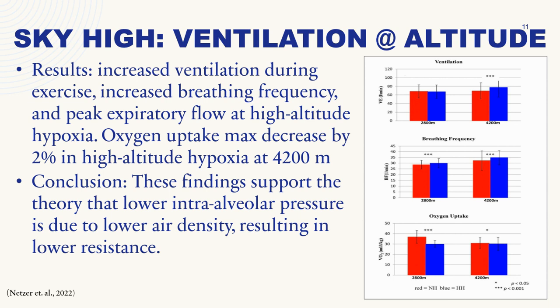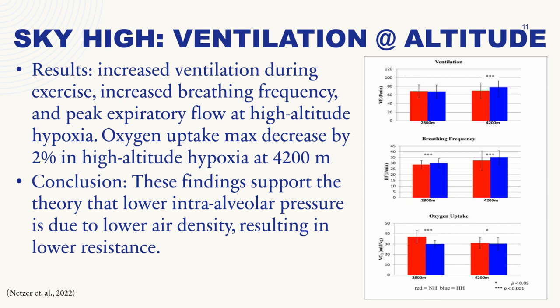So this graph on this slide shows mean ventilation, the breathing frequency, and oxygen uptake at both altitudes of 4,200 meters and 2,800 meters. Breathing frequency was increased for both altitudes, for both the normobaric hypoxia and hypobaric hypoxia, as I just discussed earlier.